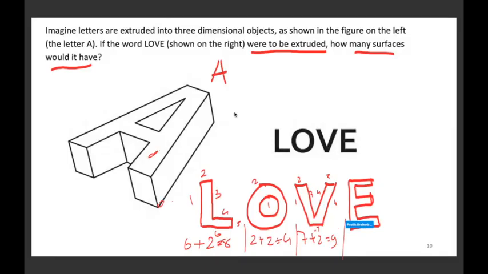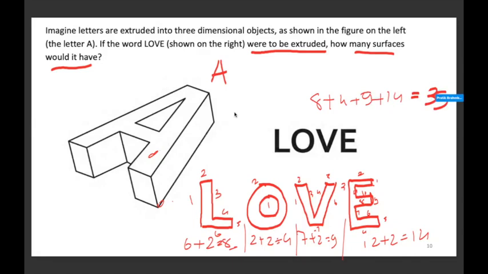In E you have 1, 2, 3, 4, 5, 6, 7, 8, 9, 10, 11, 12. So 12 plus 2 which is 14 surfaces. So 8 plus 4 plus 9 plus 14. Addition of all of them comes to 35. That makes LOVE have 35 surfaces.